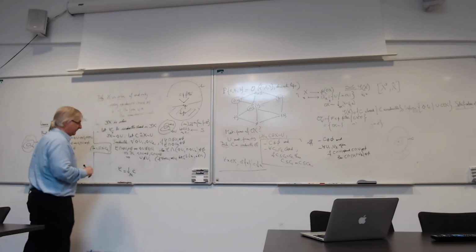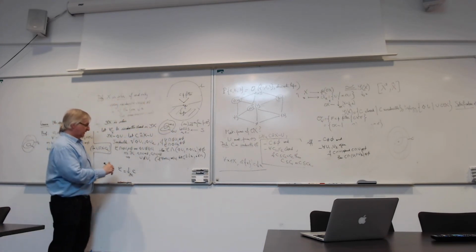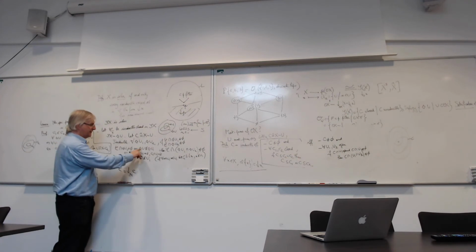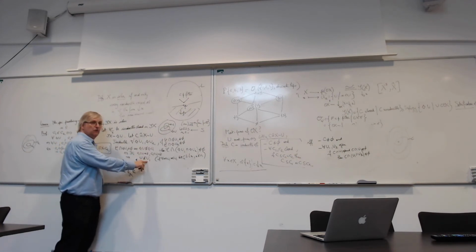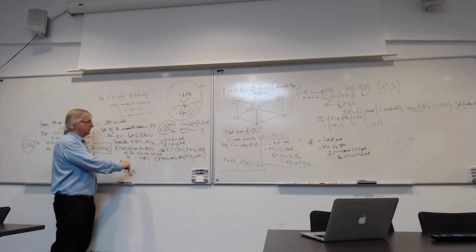And conversely, it's easier to show that if diamond U is included in diamond U1, then U is included in U1. Okay?